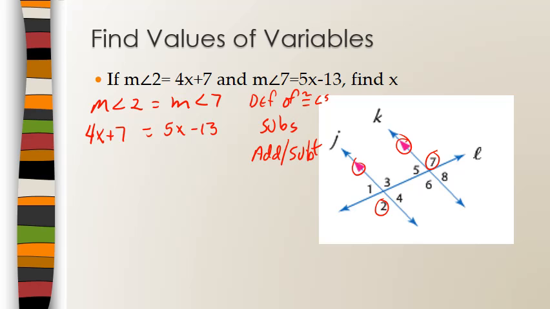If we add 13 to both sides, 13 plus 7 is 20. If I subtract 4x from both sides, then I'm just left with x equals 20. And shazam, x is 20. All right. Let's go do another one.